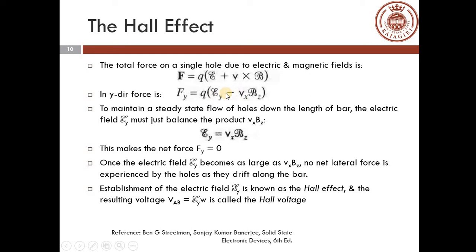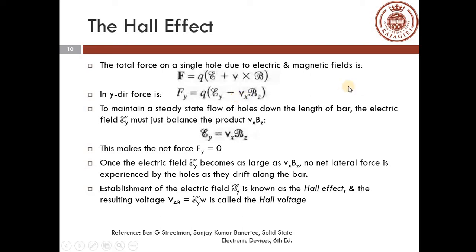Why is there a minus sign? Because epsilon y is in the positive y direction and Vx into Bz, the force due to magnetic field, is in the negative y direction. So this epsilon y should be developed in order to maintain a steady state flow of holes down the length of the semiconductor bar, and that epsilon y and the force on the holes due to the magnetic field are in opposite directions.